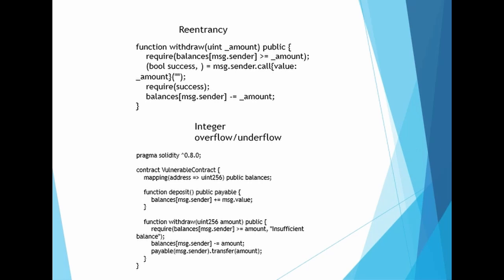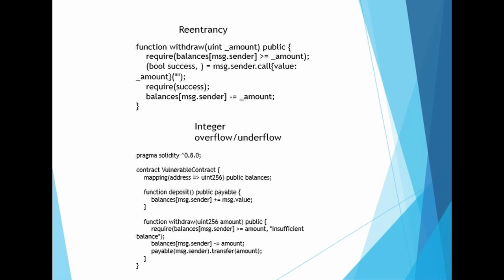In the reentrancy example, in the withdrawal function, we can see that the balance gets updated after the withdrawal. So an attacker can make a smart contract through which he can withdraw all the amount before the balance is updated.